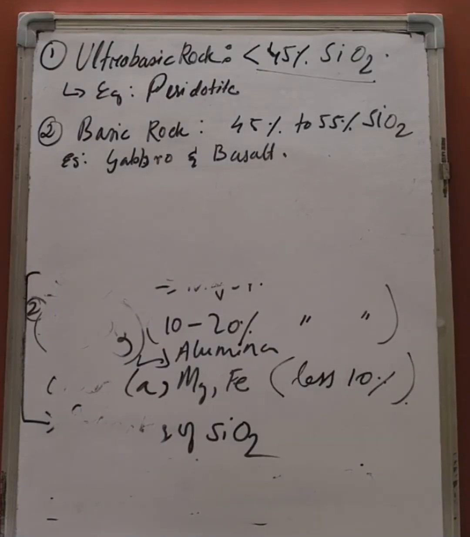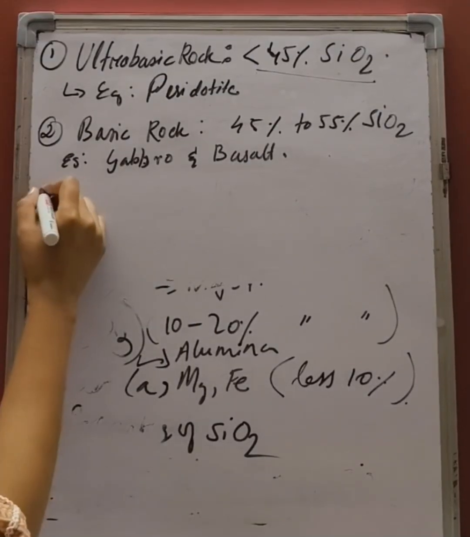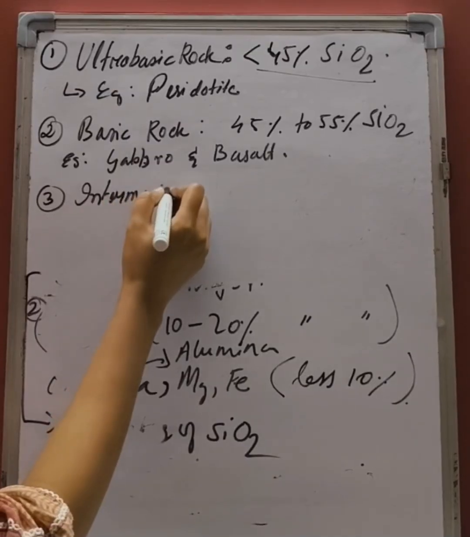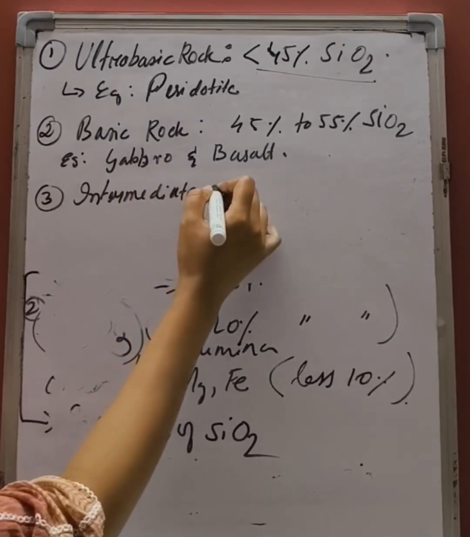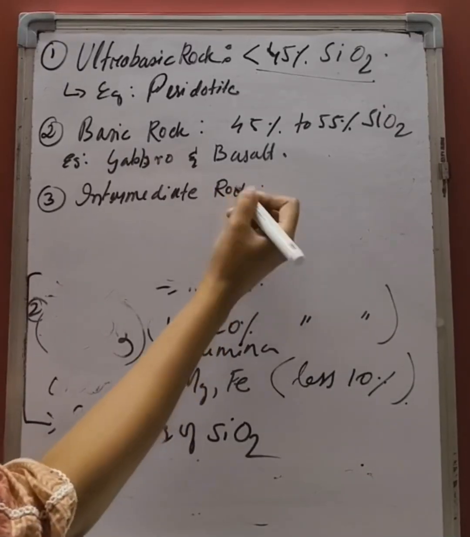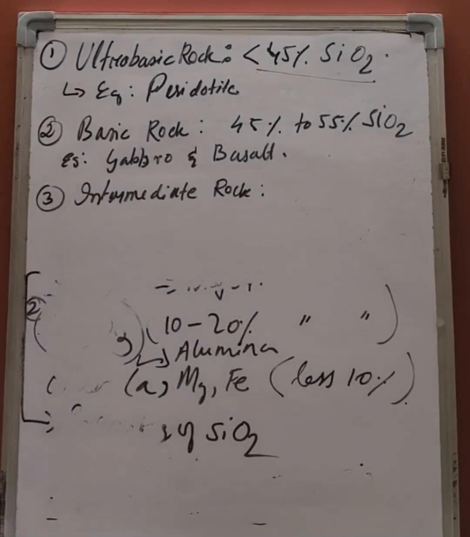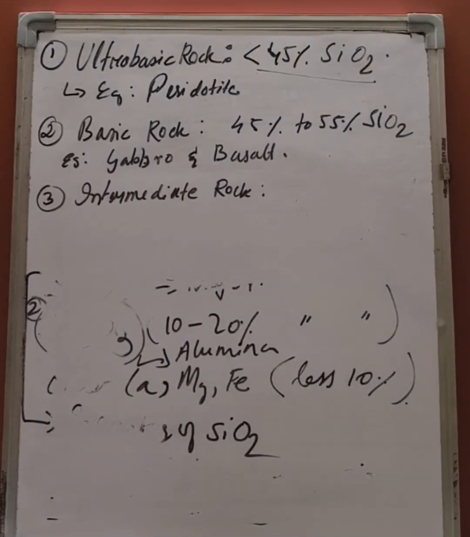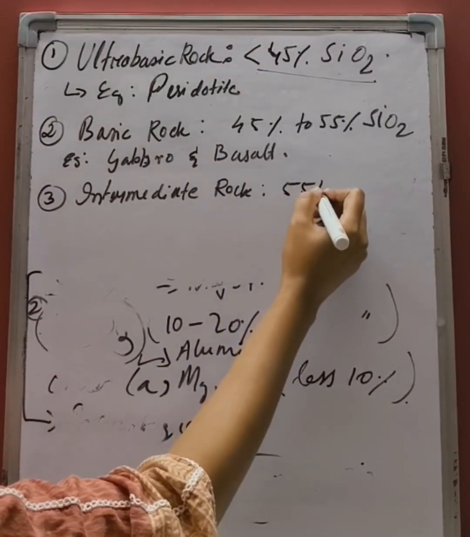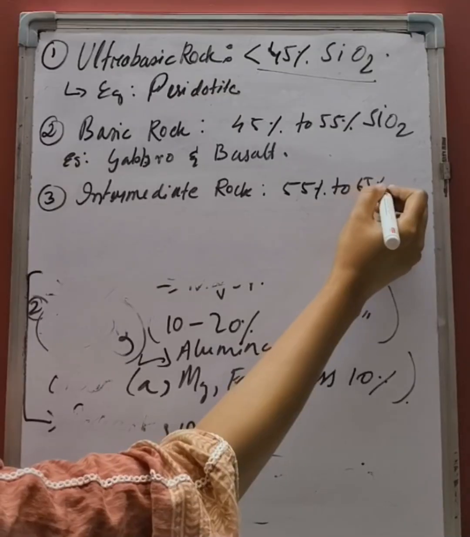Next is the intermediate igneous rock. It has a slightly higher amount of silica, ranging from 55% to 65%.